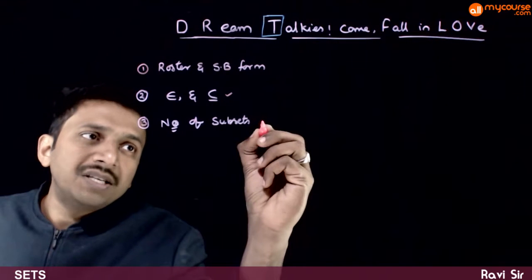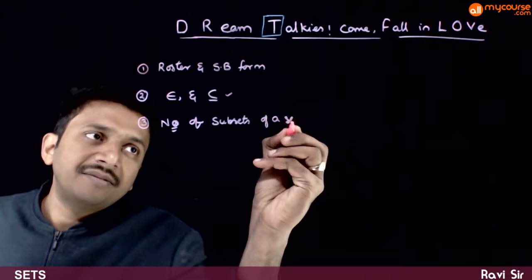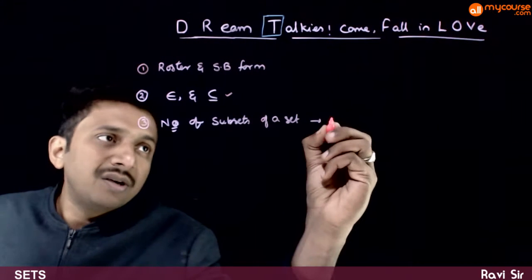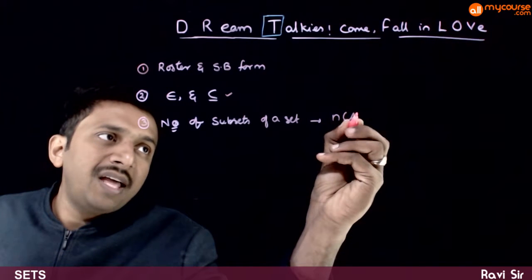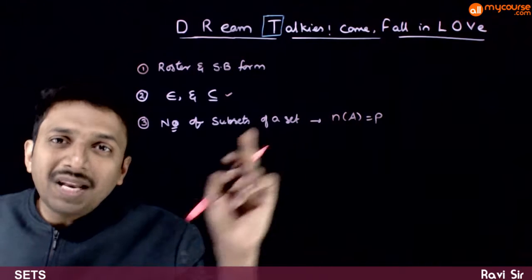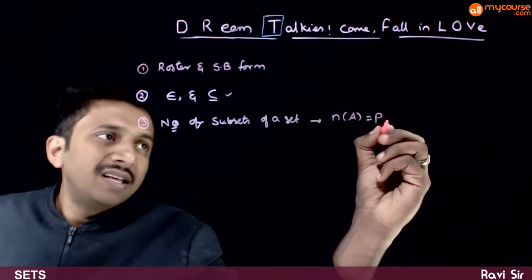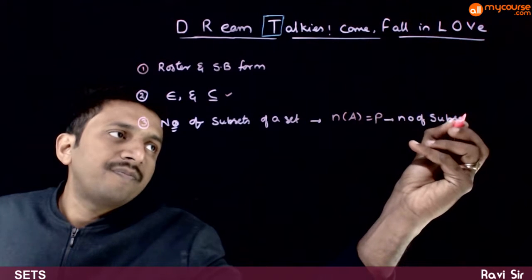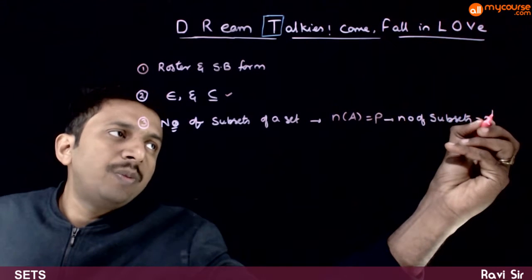The number of subsets of a set depends on the number of elements of the set. So if n of A is equal to P, that means if there are P number of elements in the set A, then the number of subsets will be equal to 2 power P.